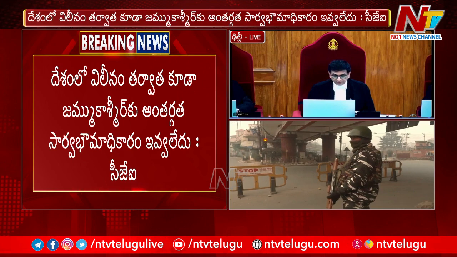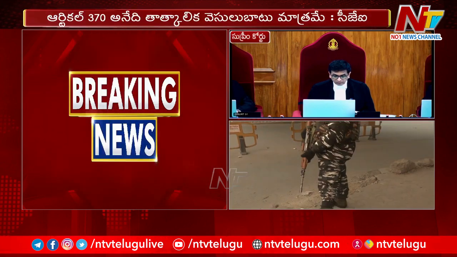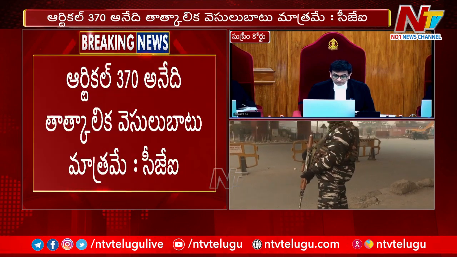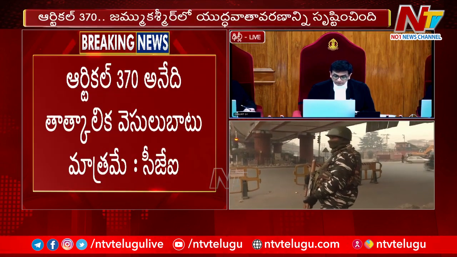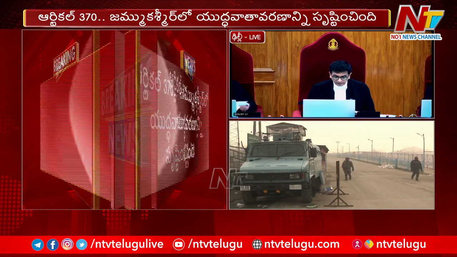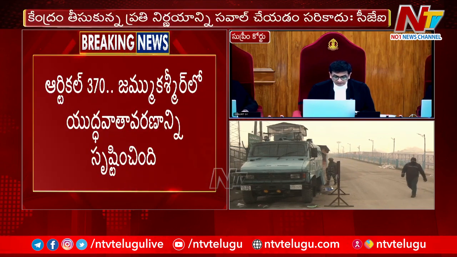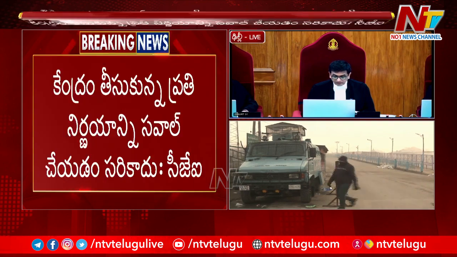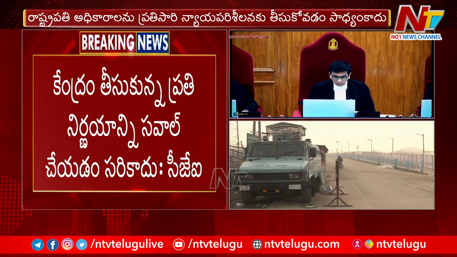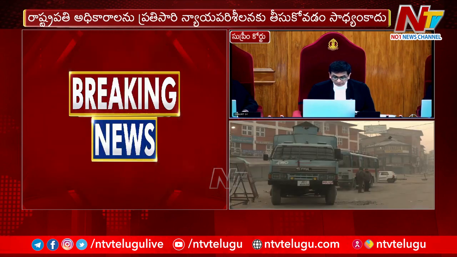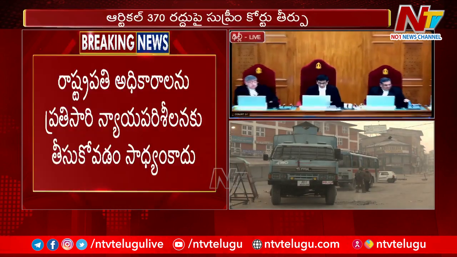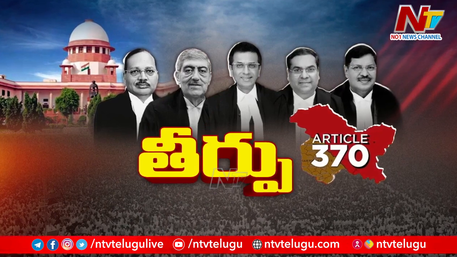Third, since the effect of applying all the provisions of the Constitution to Jammu and Kashmir through the exercise of the power under Article 370, Clause 1 is the same as issuing a notification under Article 370, Clause 3, which the President has the power to unilaterally issue, the principle of consultation and collaboration is not required to be followed.